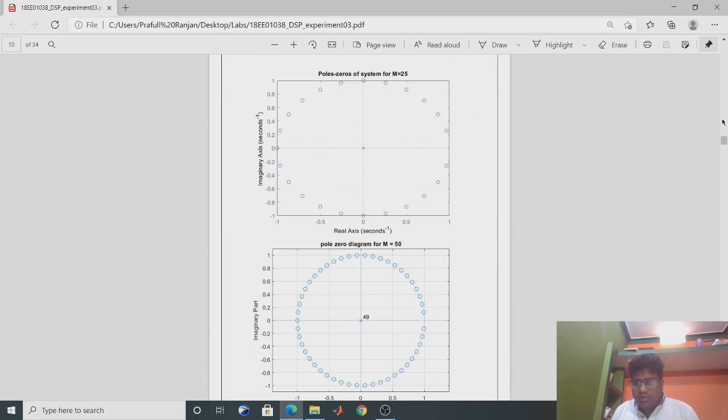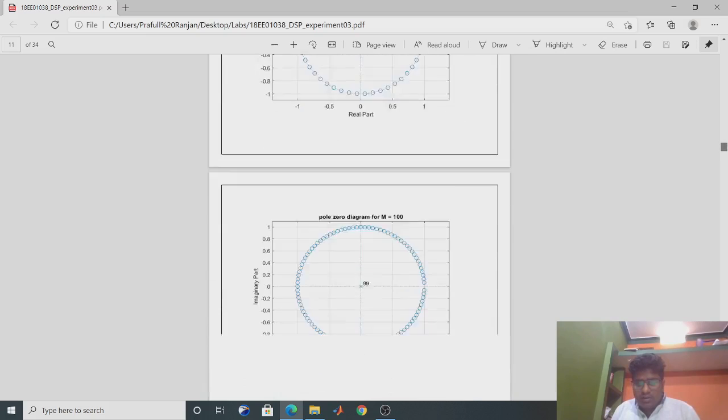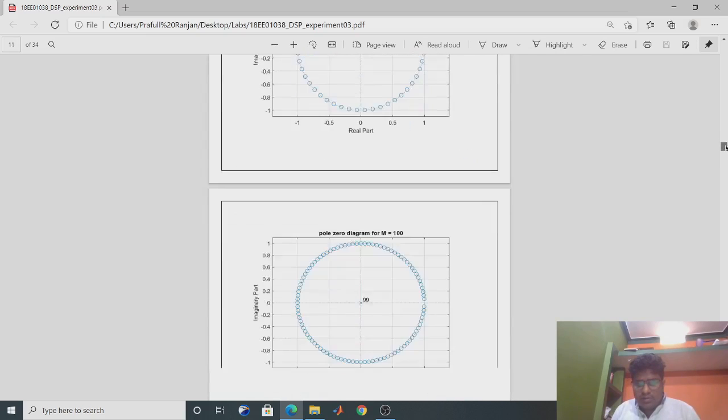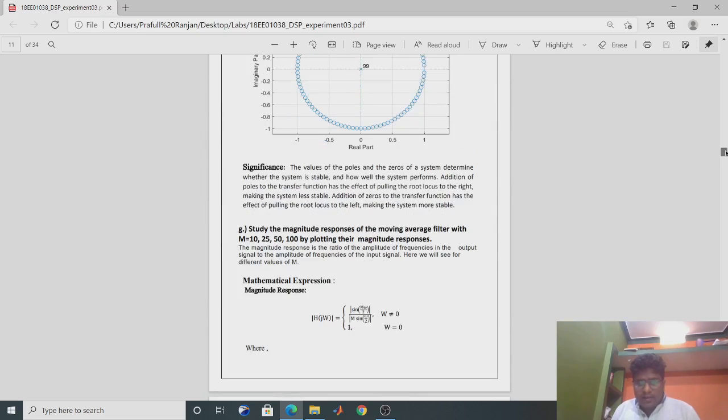Similarly, for m is equal to 25, m is equal to 100 and 50. So let's come to its significance.